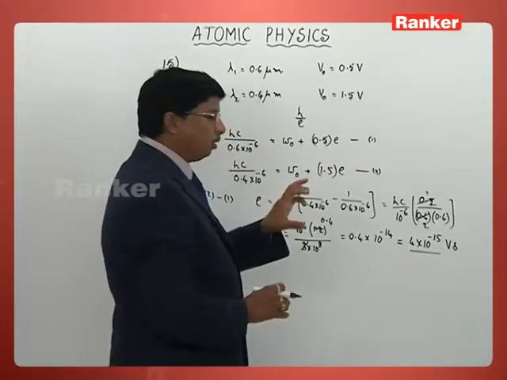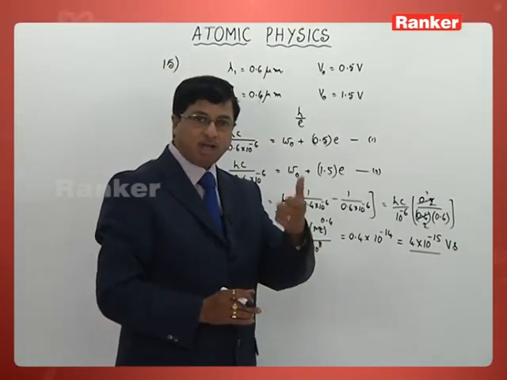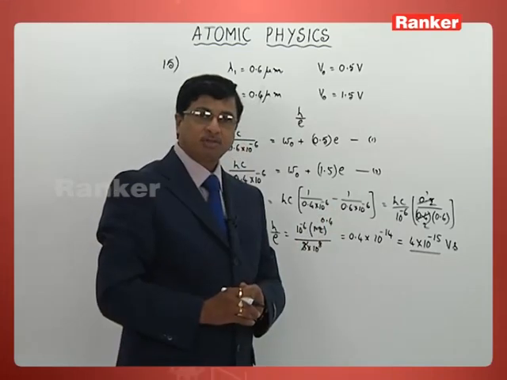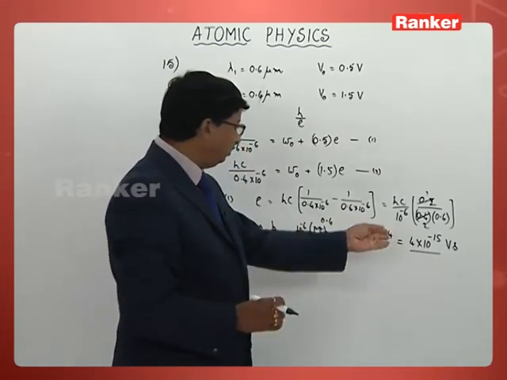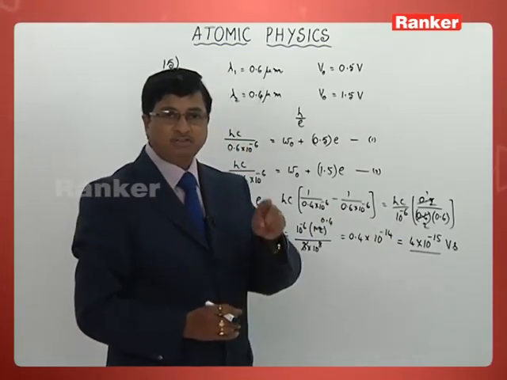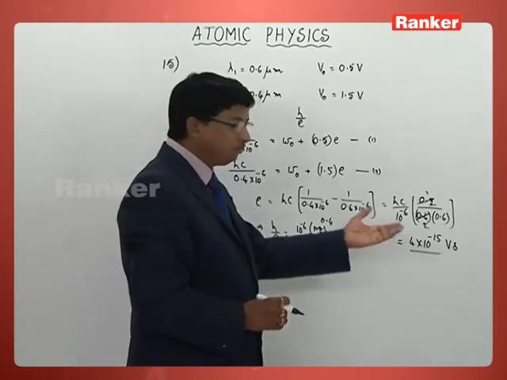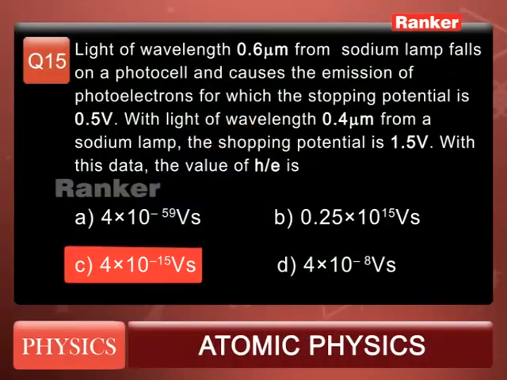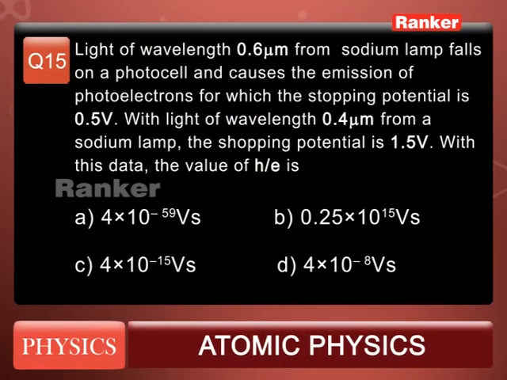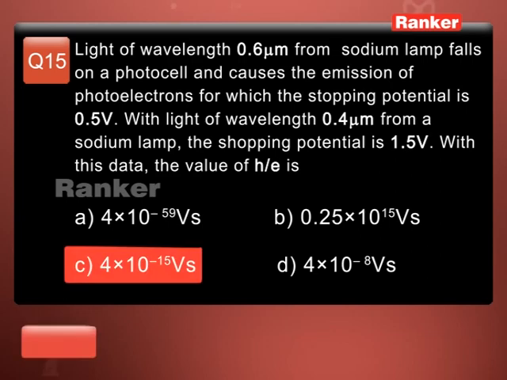So look at the options, which one tallies with this calculated value? It is C, 4 into 10 power minus 15 volt second, the third option. So our correct answer for this question is simply C.